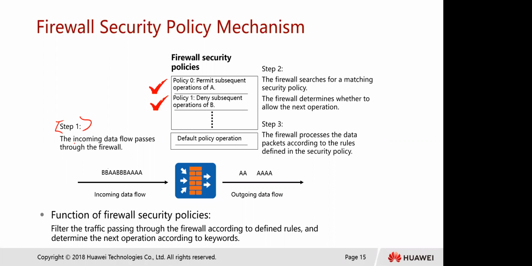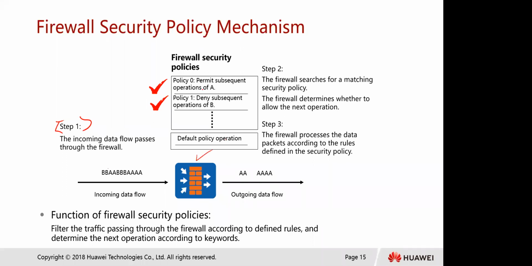Sorry about that. So we are looking at the security policy mechanism. The first step: the incoming data passes through our firewall. This is our firewall, and the incoming data comes.